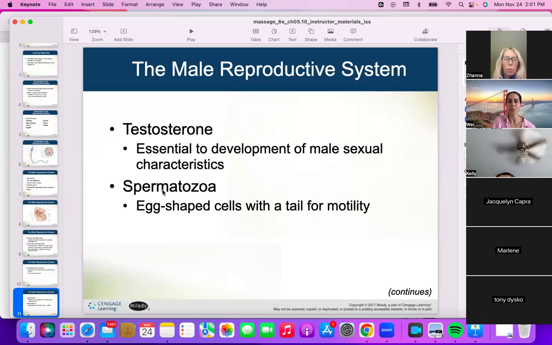It's tiny, egg-shaped, and equipped with a tail that enables it to move around. Before they mature, they don't have the tail. Millions of them are released, and only one of them gets to enter the egg and fertilize it.